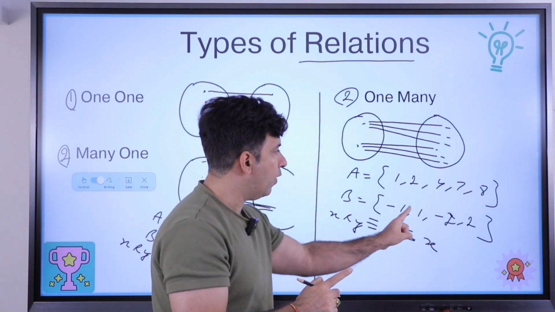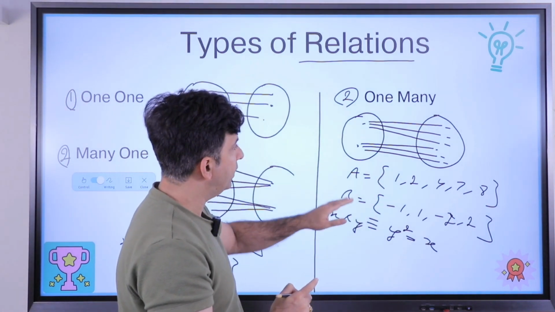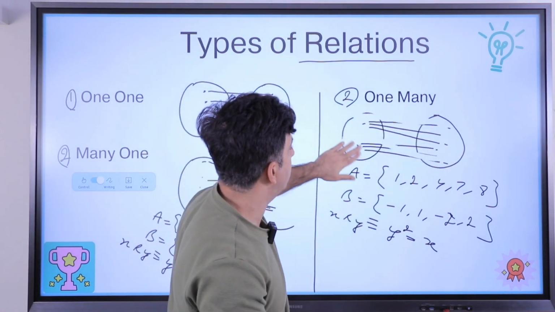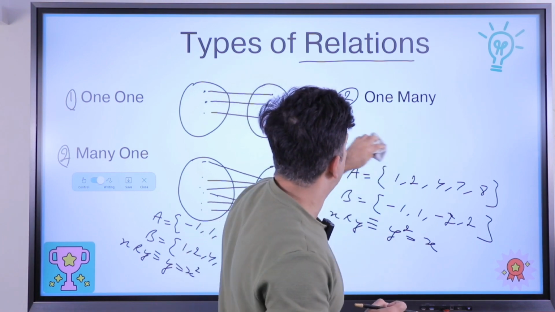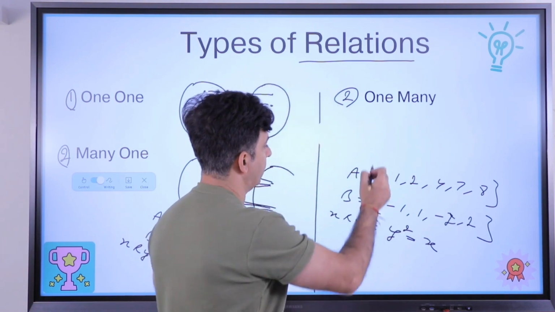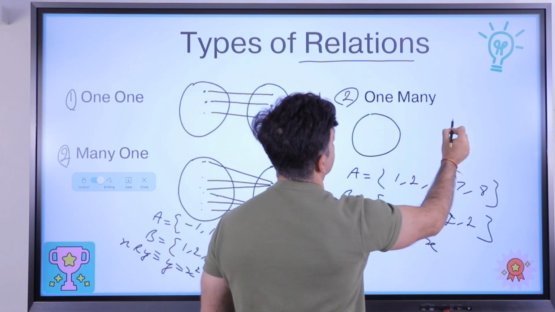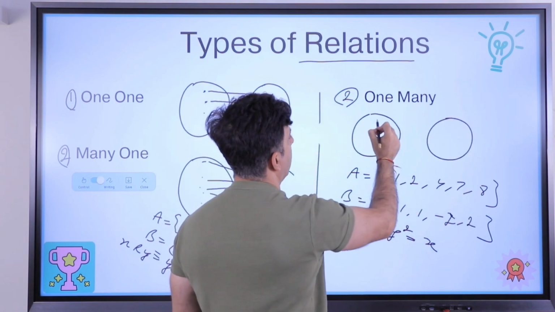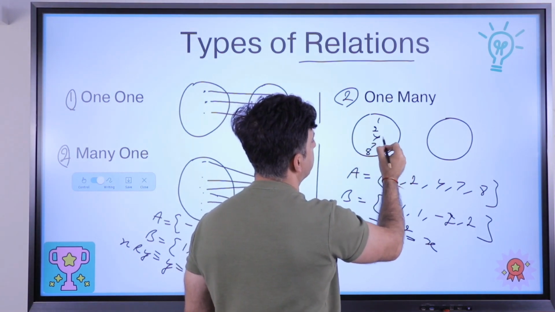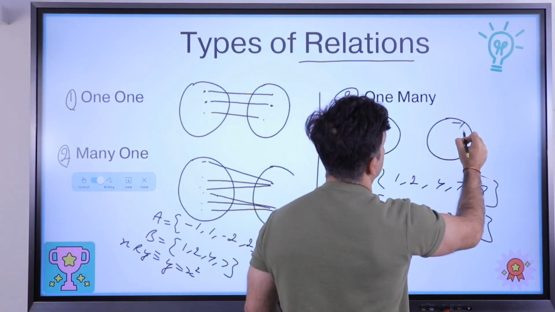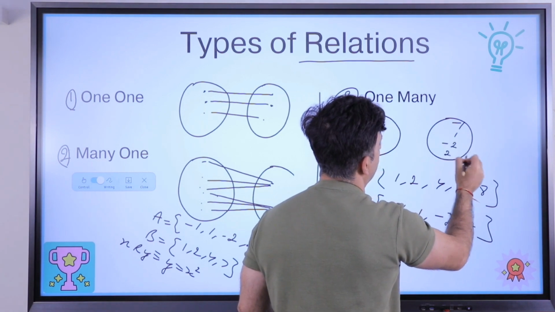So if I draw this relation according to this logic, over here are 1, 2, 4, 7 and 8, and in this one there is -1, 1, -2 and 2.